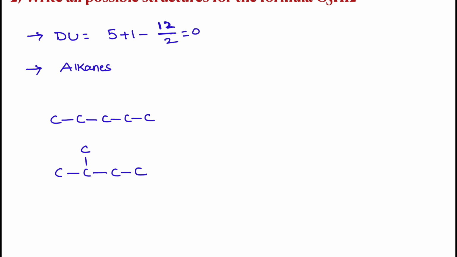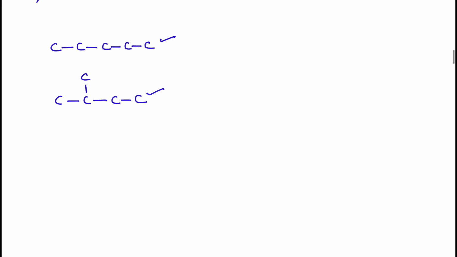First I wrote the 5 carbon chain. Positional isomers are not possible for the 5 carbon chain. The 4 carbon chain I wrote, but here I cannot write any positional isomer, because even if you write a methyl group here, the result is the same. Now obviously I have to go for the 3 carbon chain. As I discussed earlier, you cannot write alkyl groups here, they will come into the longest chain.